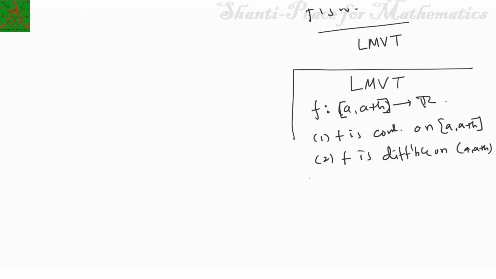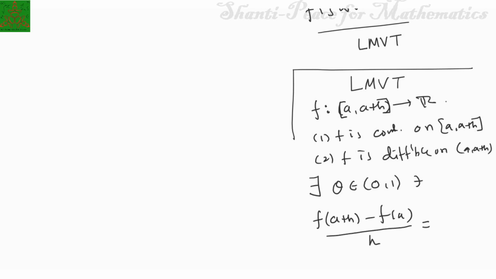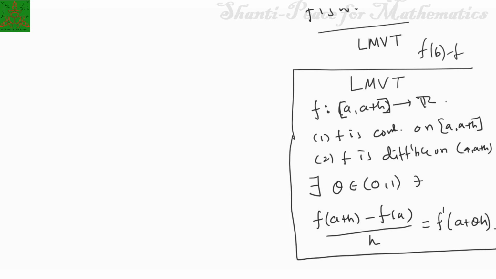Then there exists some theta in (0, 1) such that (f of a plus h minus f of a) upon h is equal to f dash of a plus theta h. This was the statement of LMVT, or I can say there are different forms: f of b minus f of a upon b minus a is equal to f dash of c, but that is equivalent to this statement.